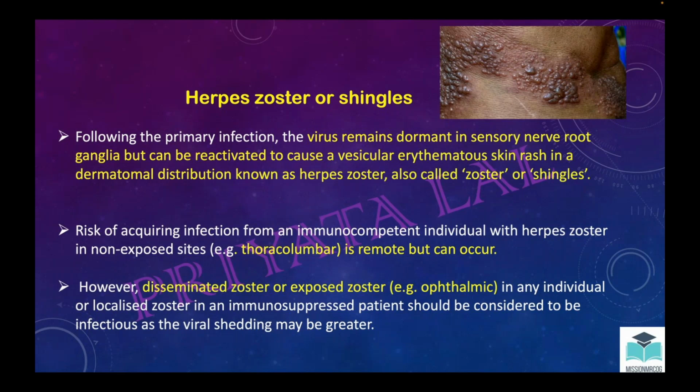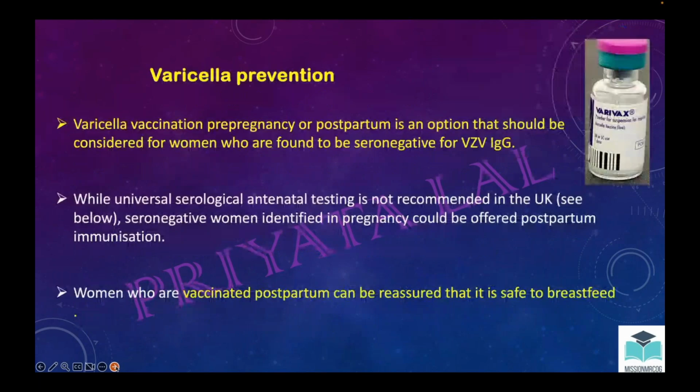So usually the secondary infection is mild, but in cases of immunosuppression it could also be severe. If a person has herpes zoster or shingles in a covered region, usually the person will not be infectious. Now, what can we do to prevent it?